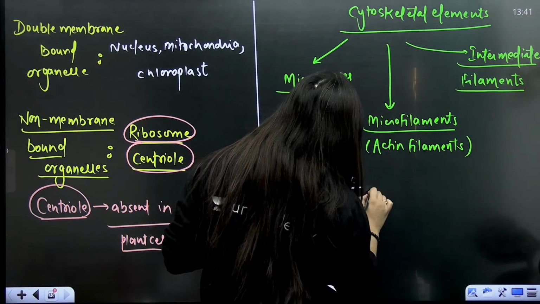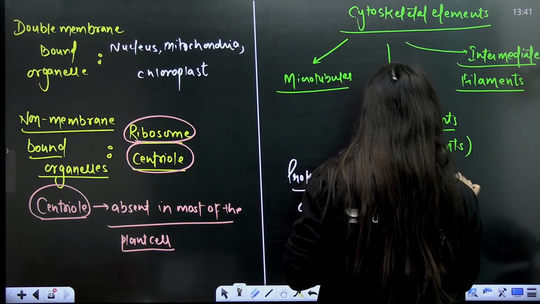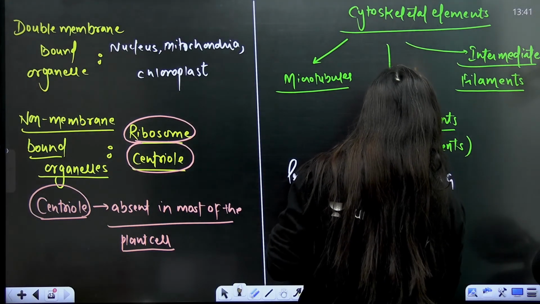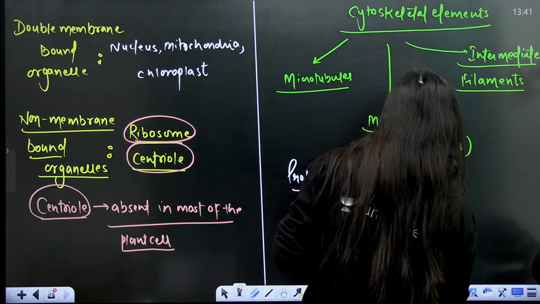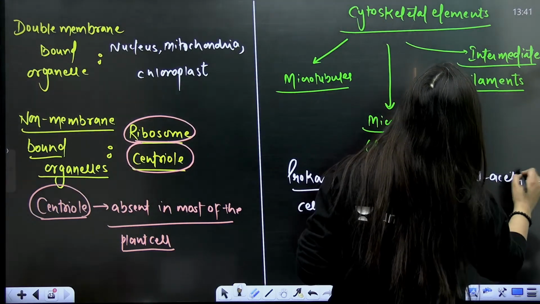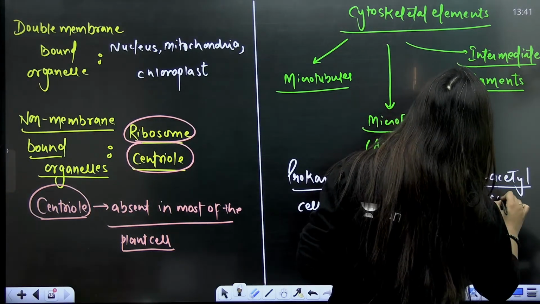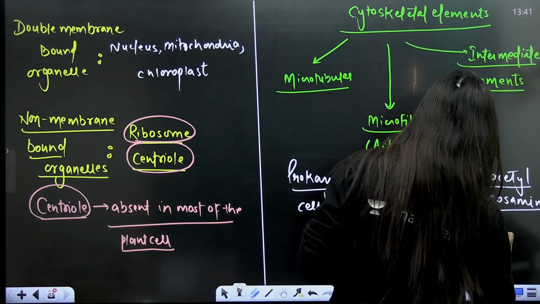Now the prokaryotic cell wall, beta, will have NAM, NAG, means N-acetyl muramic acid, N-acetyl glucosamine, and some short peptides.